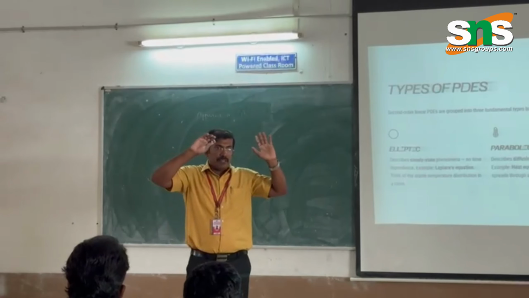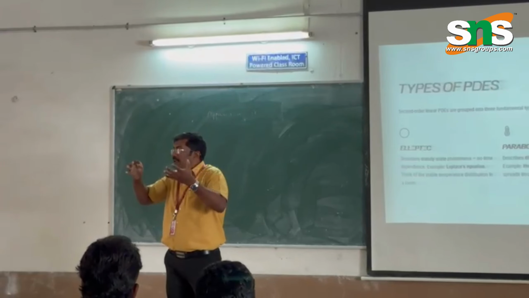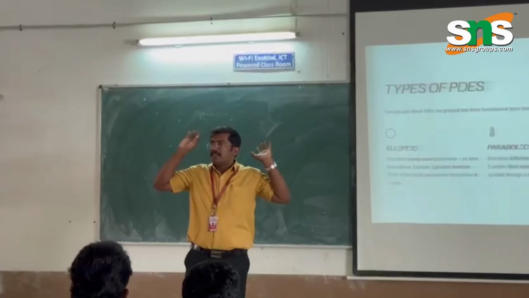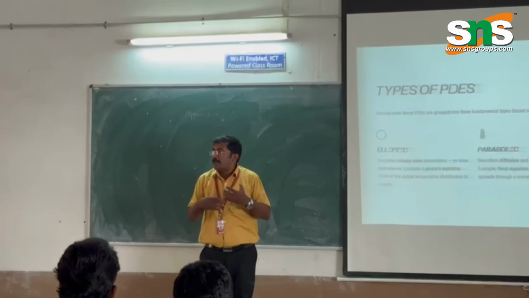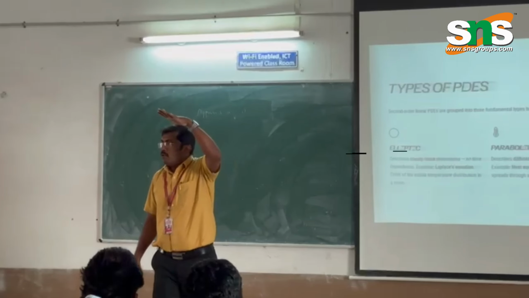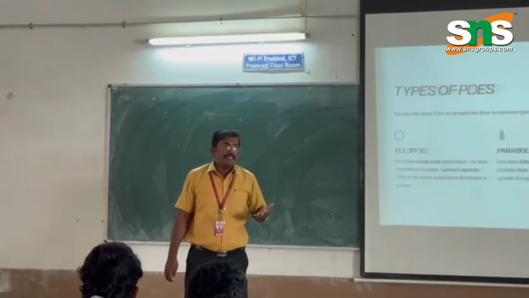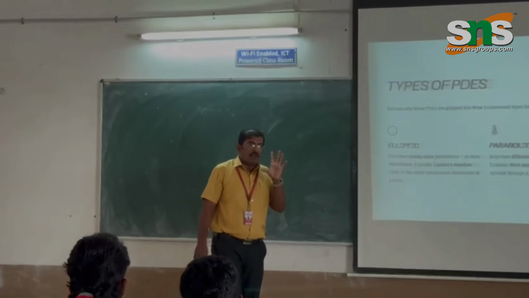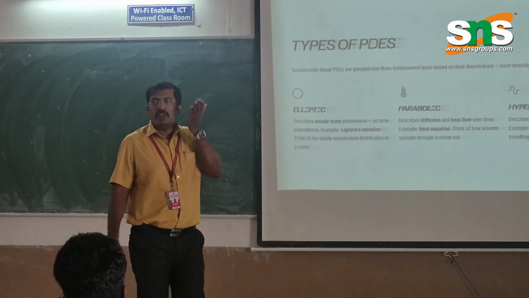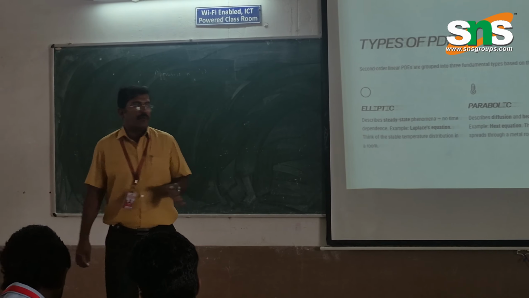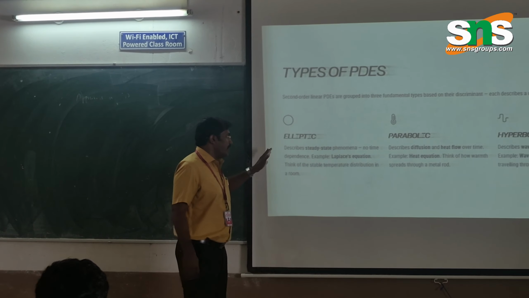So the structure will handle the entire weight by spreading the weight through all these beams. So we have multiple challenges to construct such kinds of roofings. So how do the engineers work on it? The partial differential equations are not the same. So we have multiple challenges in day-to-day life.